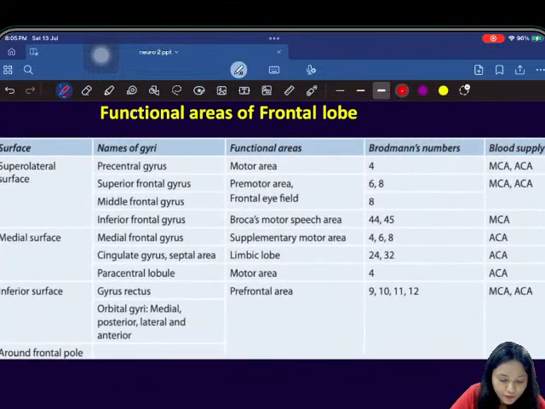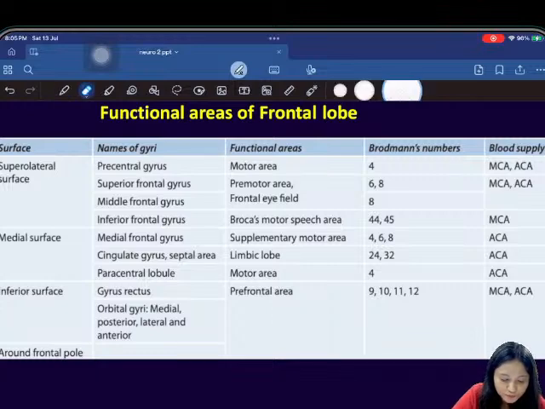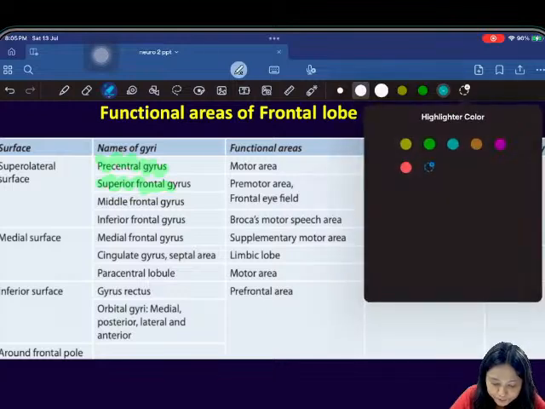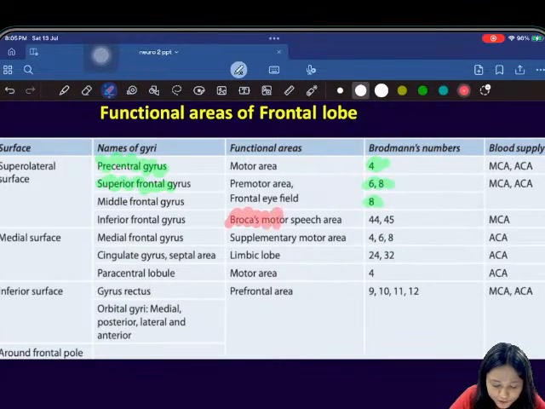In the precentral gyrus you have the motor area number 4. In the superior frontal gyrus you will have area number 6 and 8. In the middle frontal gyrus also 8, and in the inferior frontal gyrus, very important, you have Broca's motor speech area, number 44, 45.